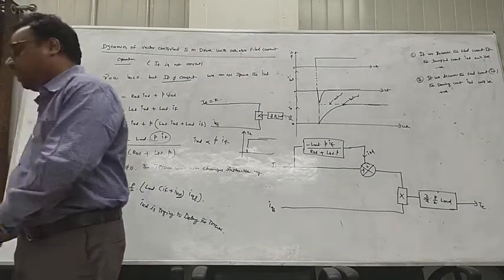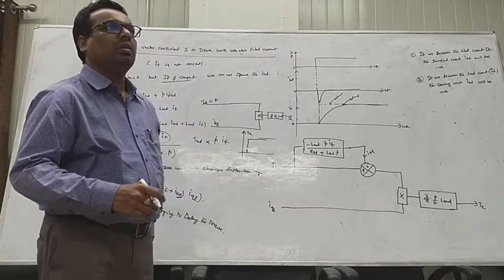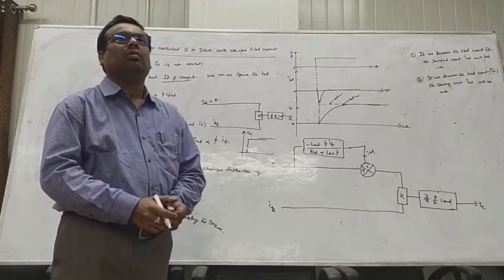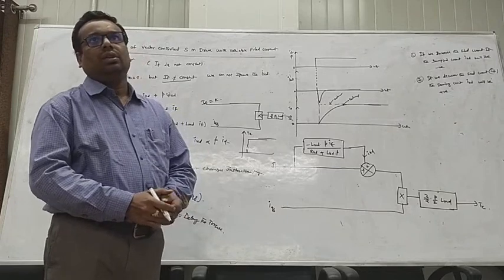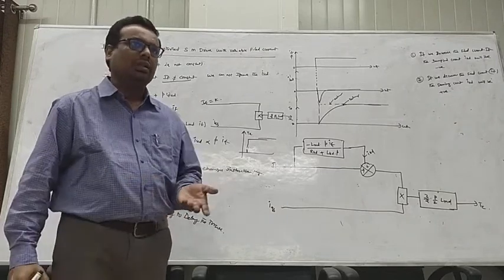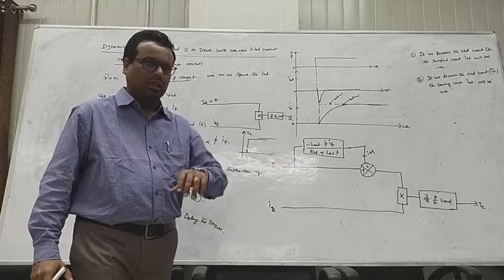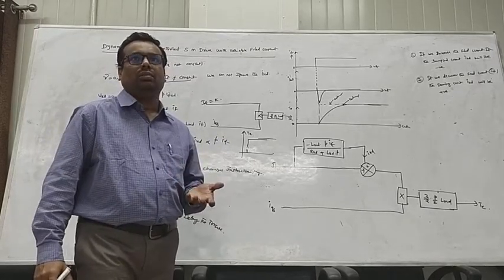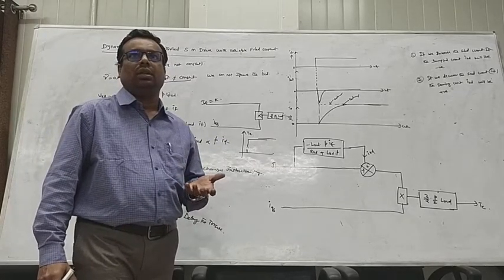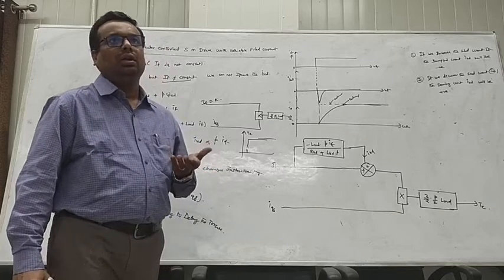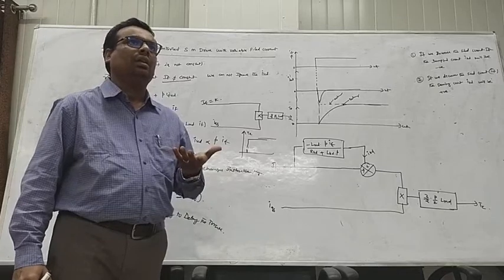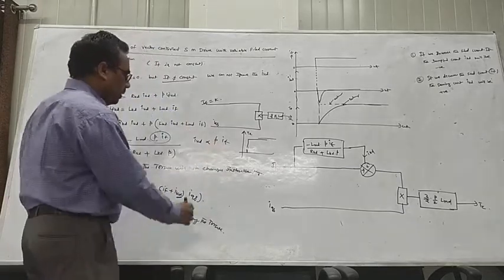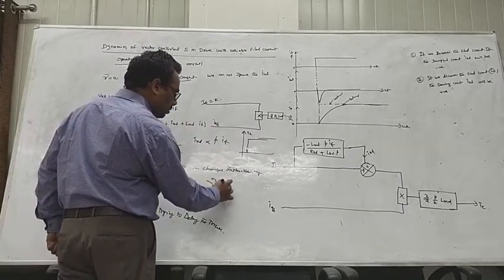So this is about the dynamics of vector control of synchronous motor drive. Steady state analysis we have completed, and dynamic response with delta equal to 0 also we have completed now. In the next class I would like to explain gamma not equal to 0.